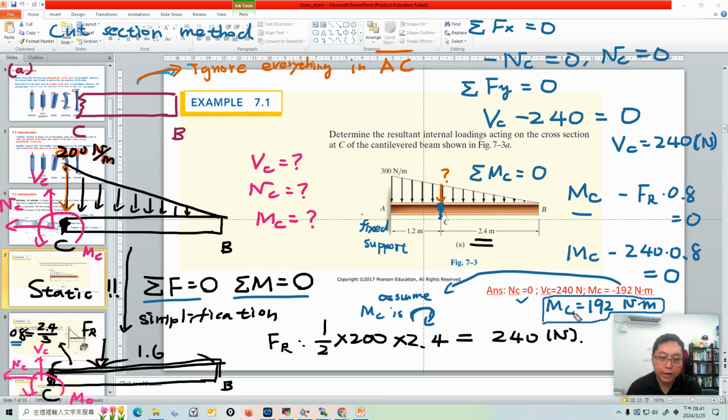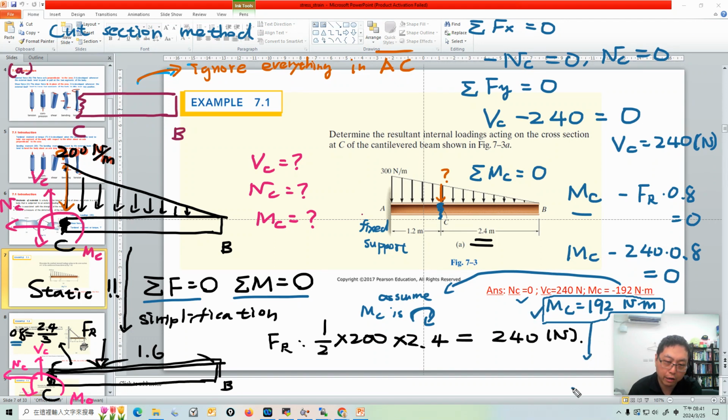But in my demonstration, I already assumed at the beginning it's counterclockwise, so that's why I get 192 Newton times meter. In the PowerPoint, it initially assumes clockwise, and the answer is negative, which means it's reversed to the initial assumption. So the answer is still counterclockwise, and this answer is correct.